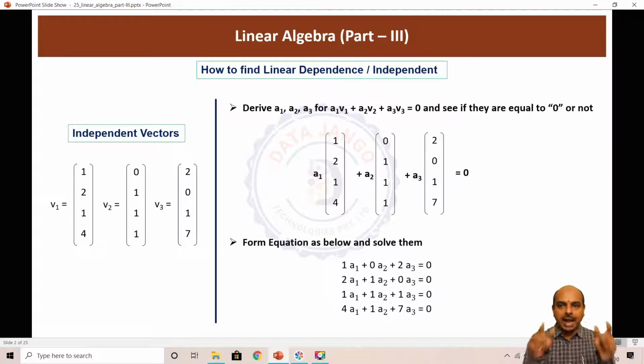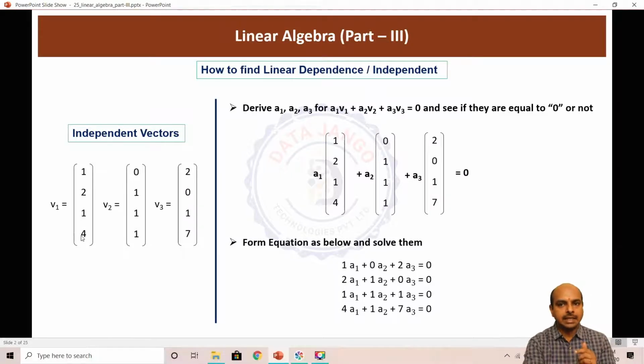In a matrix, if you want to say dimensionality, you say m by n, m rows and n columns. But in a vector, you say dimensionality, which is nothing but rows only, because you will have one column. So these are vectors of dimensionality 4. This terminology you need to remember.